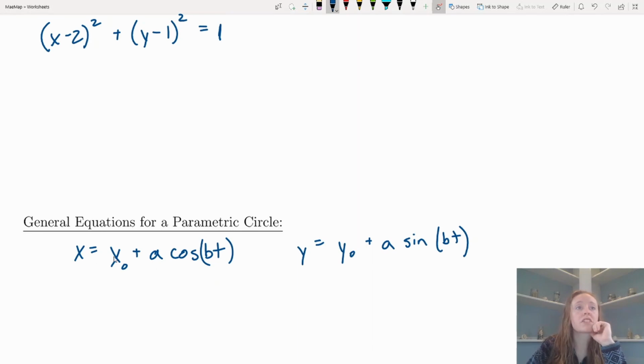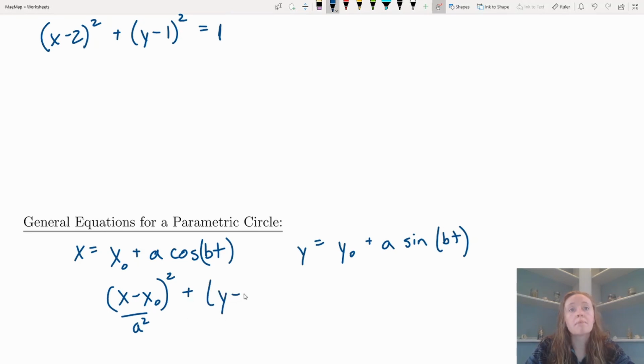If I was to solve this out, subtracting x naught over and then dividing by a, or subtracting y naught over and then dividing by a, squaring both sides, plugging it in, I would get that x minus x naught squared over a squared, plus y minus y naught squared, again over a squared, equals 1. And again, that's just using that identity.